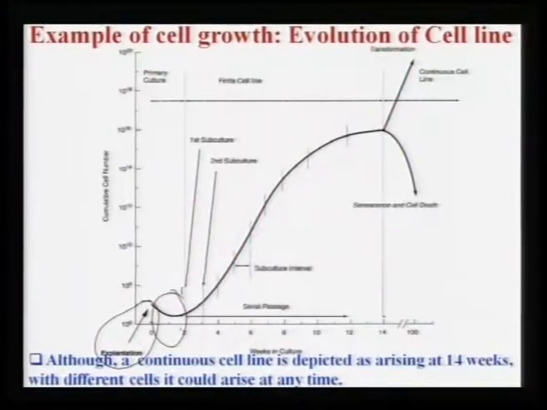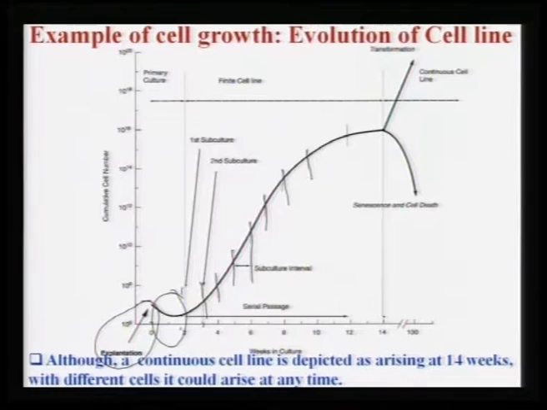Subculture stage means you have to use the culture medium. Now, after you go from one passage to another passage, you have to remove the culture medium and add a fresh medium. Okay. So, what you see is that a cell undergoes several subculture intervals here.